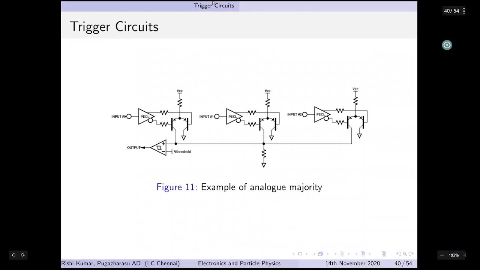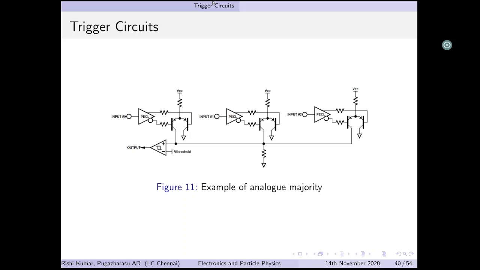So one example of this is as follows. When you use the PECL drivers, which is basically the positive emitter coupled logic drivers and long tails, the circuits can have an arbitrary number of n inputs, and you can also avoid the saturation by making the current flowing in the long tails to be chosen properly, and also by allowing it to flow to the ground.